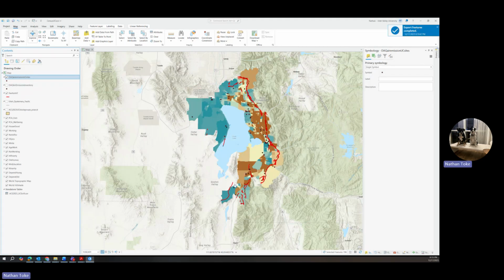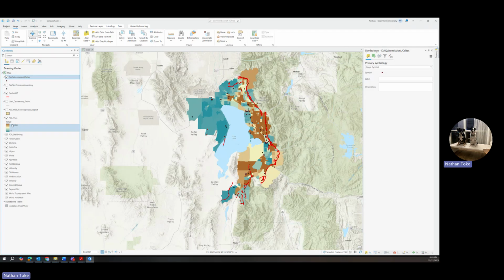So now we've got the block group data in the background, faults in red, and these air emission sites as dots. What we're showing right now in the background is a principal component analysis, just looking at the first principal component of vulnerability.